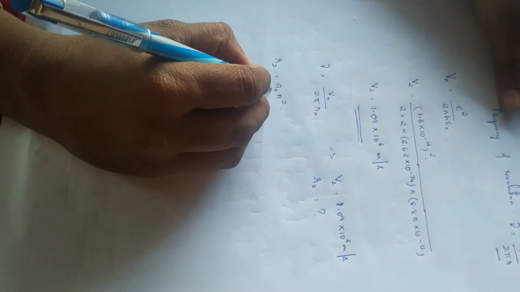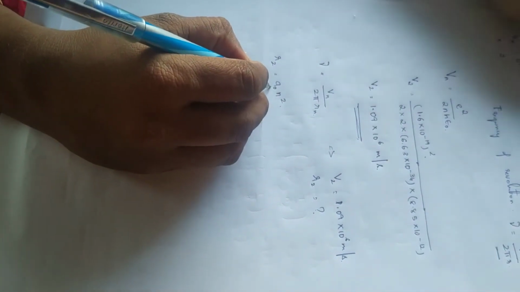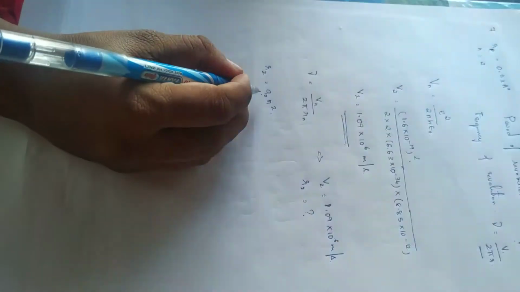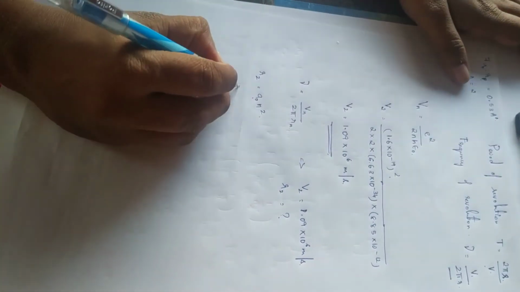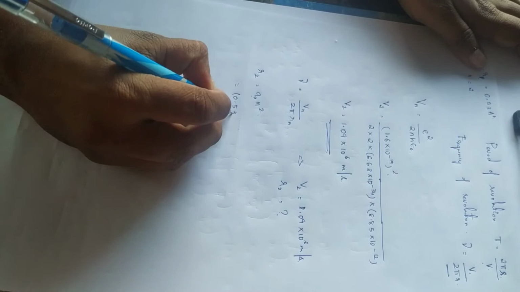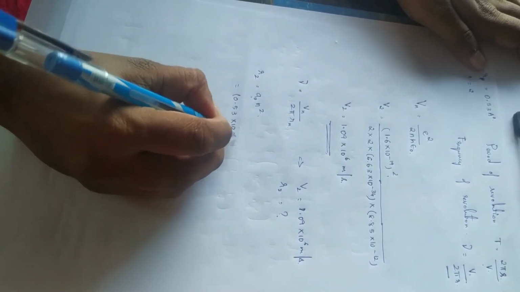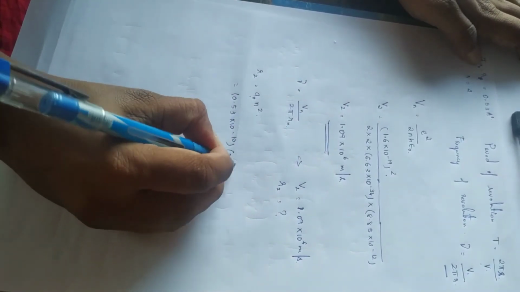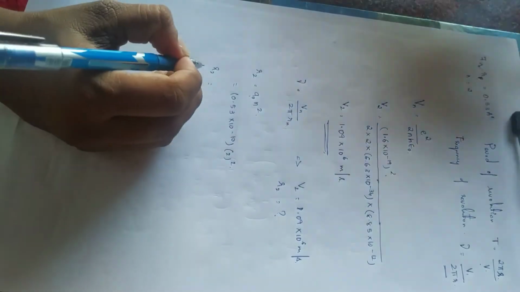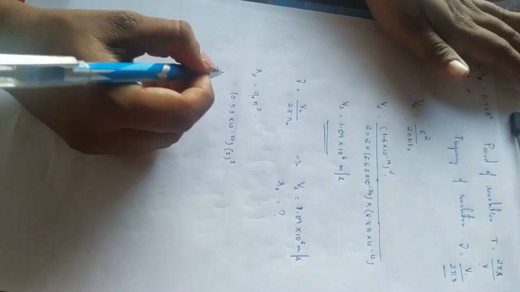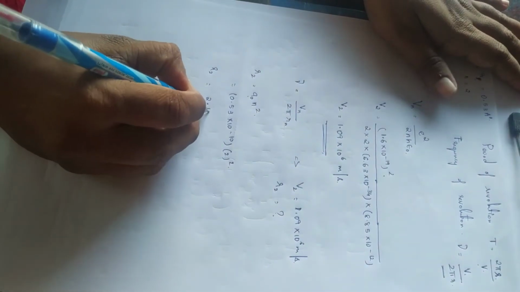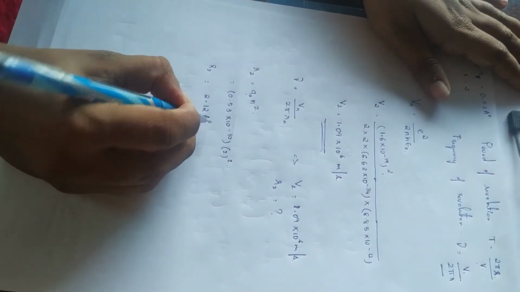A naught is nothing but R1; so here I had written R naught, sorry, it must be R1, or you can write it as A naught also. If you substitute the value, A naught is 0.53 angstrom and n is 2 squared. So R2 we get as 2.12 angstrom, right?